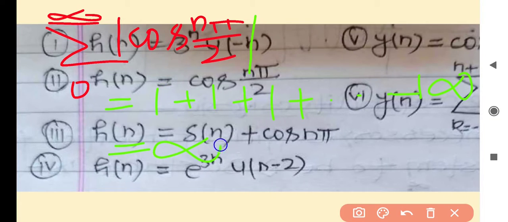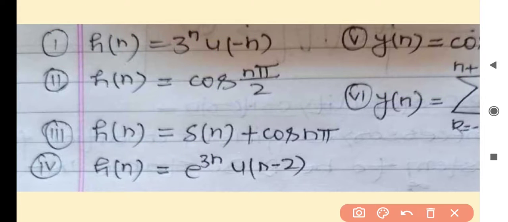So the value of this summation will be infinite. Here in this case, the summation of impulse response from minus infinite to plus infinite is not giving a finite value, it is giving infinite. That means the given system is an example of an unstable system.